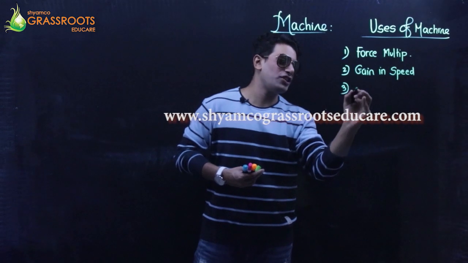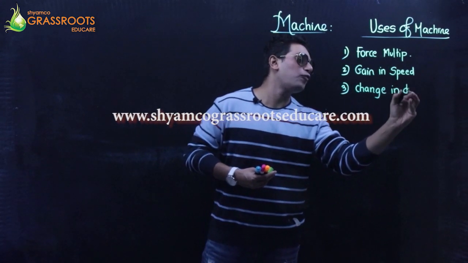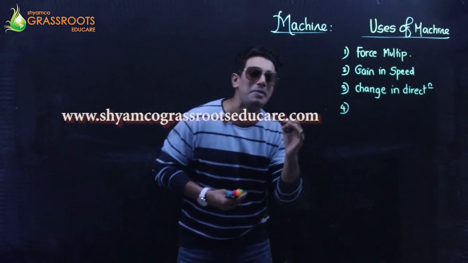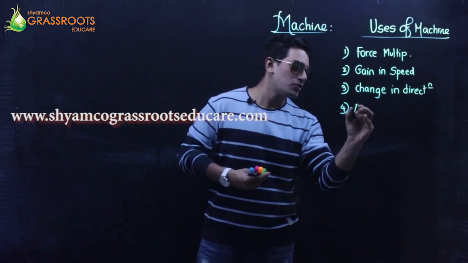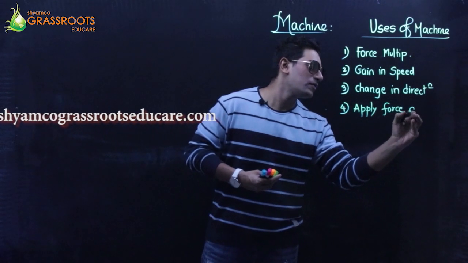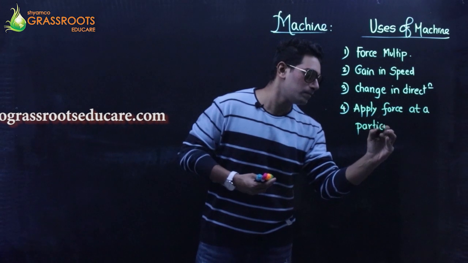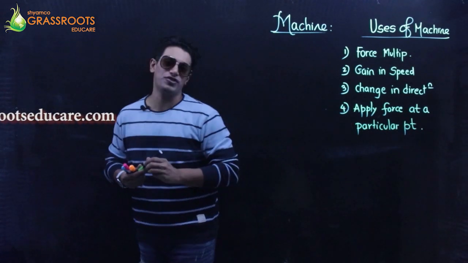Third, change in direction. And fourth, it helps to apply the force at a particular point. So these are the four uses of a machine.